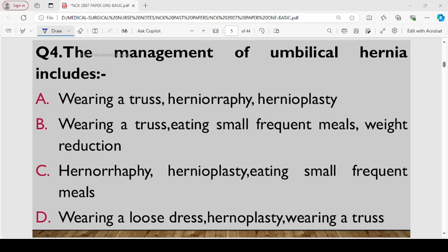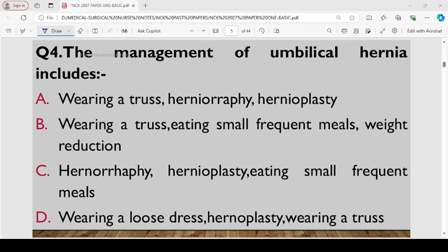Wearing a truss, eating small frequent meals, and weight reduction is incorrect. As you know, dietary changes and weight reduction do not treat the hernia itself. Herniorrhaphy is a surgical repair. It's needed for definitive management.